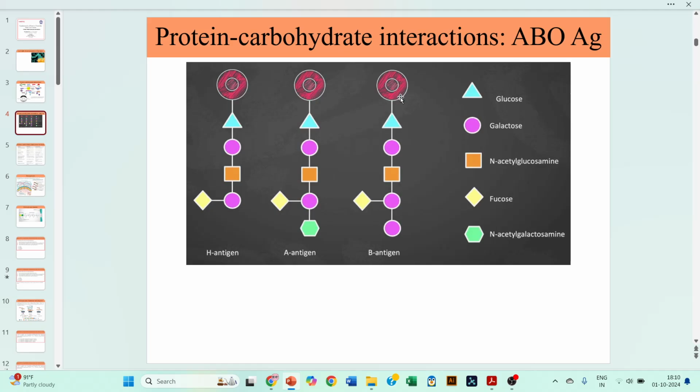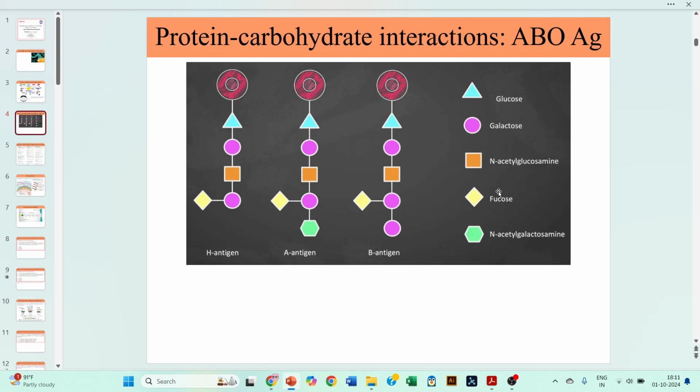Similarly, there is B blood group in which B antigen is attached to RBC. For O blood group, the H antigen is present, and A and B are nothing but modifications of this H antigen. And in the blood serum, the complementary antibody is present. So if A antigen is there in the blood, then B antibody will be there.